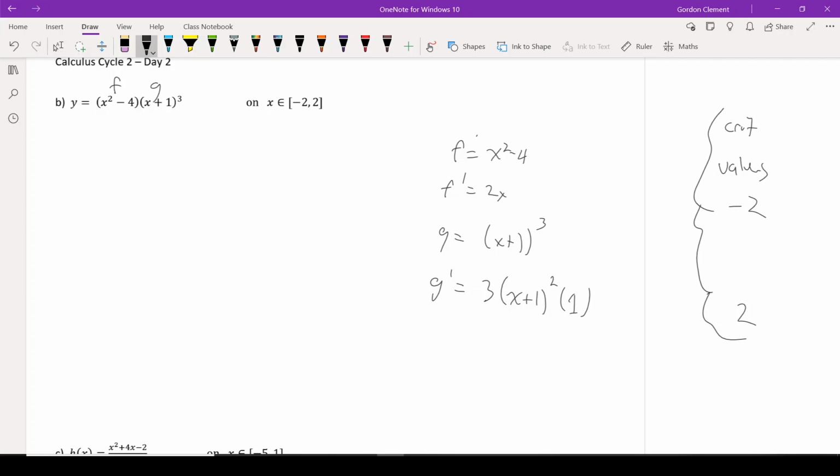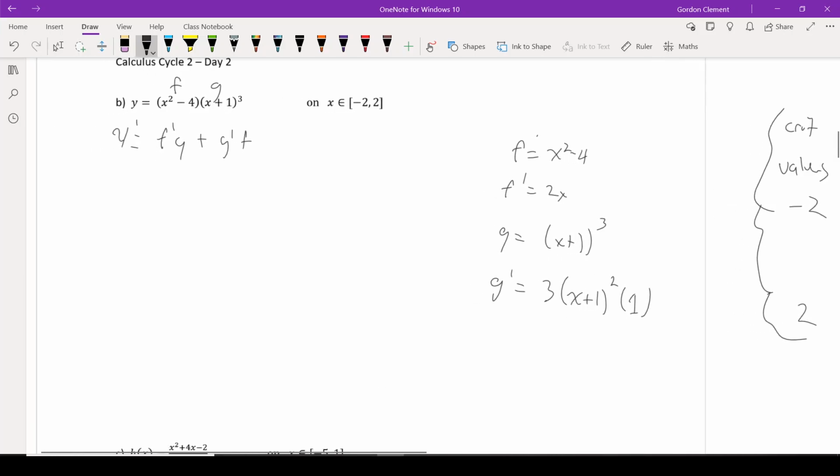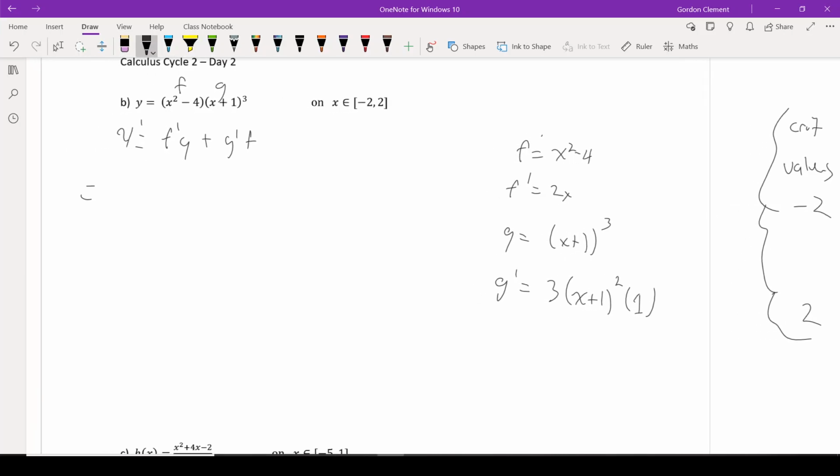Now we're going to do our product rule formula, f prime g plus g prime f. So there's that.